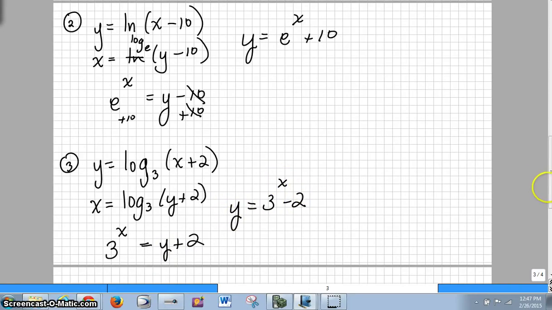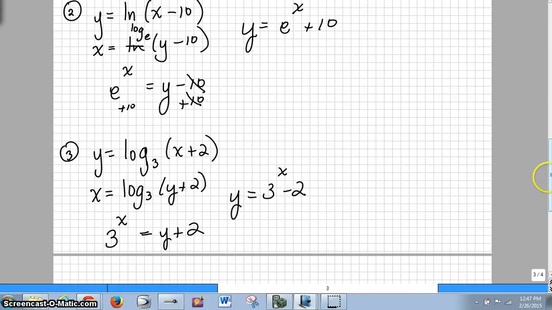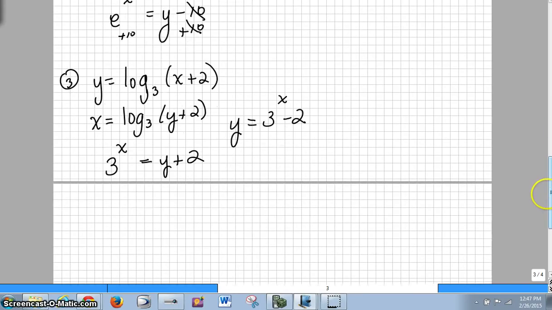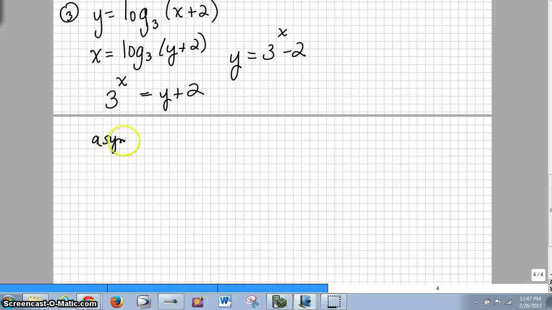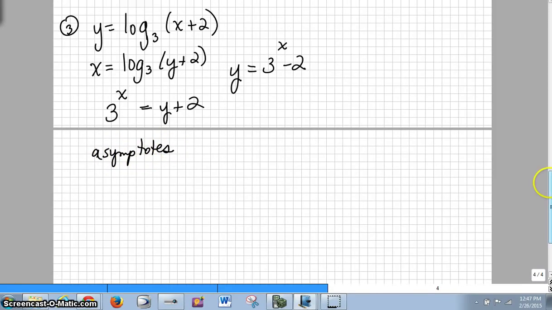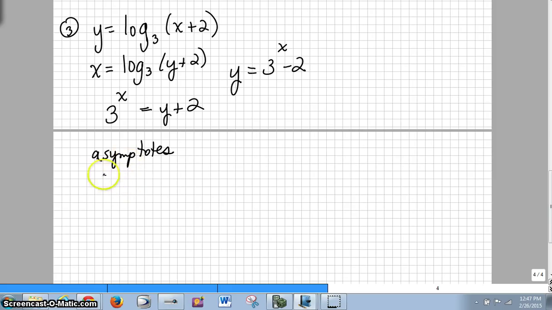Okay, so the last thing we're going to do is look at this last log function, number 3, and talk about the graph. Remember, log functions are the inverse of exponential functions. So if we know something about an exponential function, then we also know something about a log function.